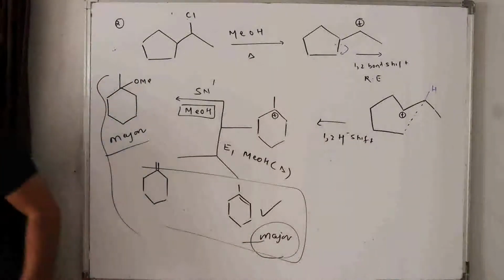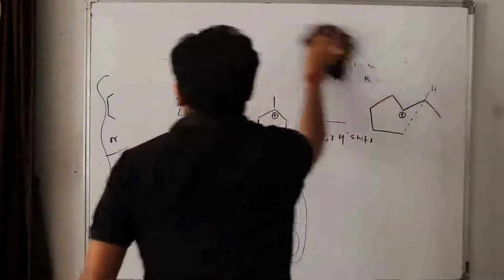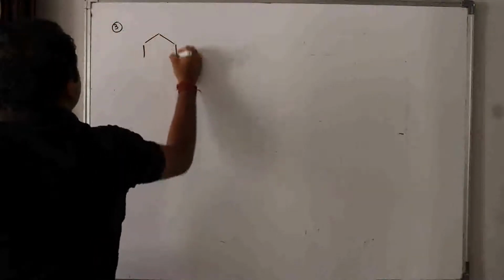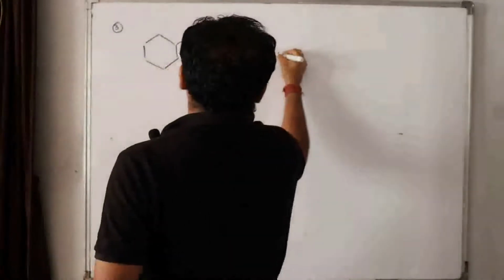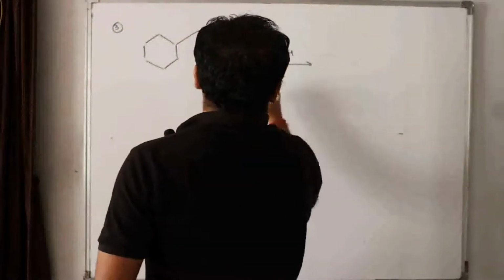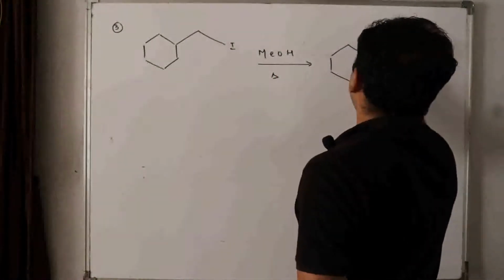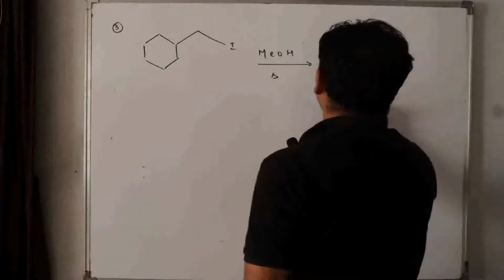Okay, let's go for one more example. Example 3. I with MeOH heated. What will be the intermediate? Is this the intermediate? Do you think I can rearrange this? Yeah, I can rearrange.